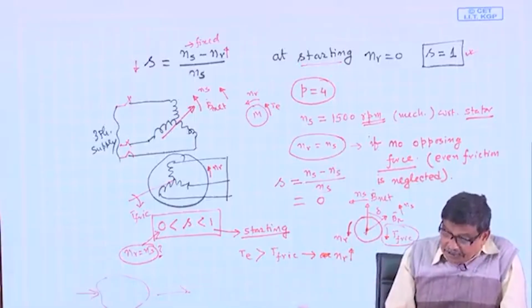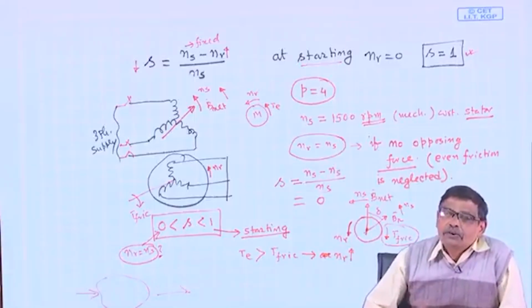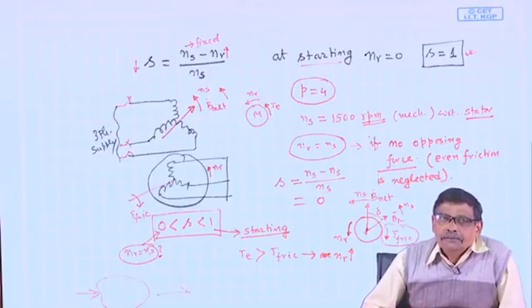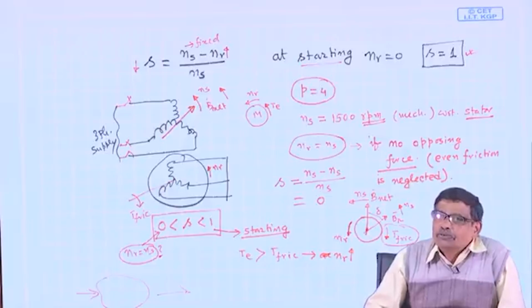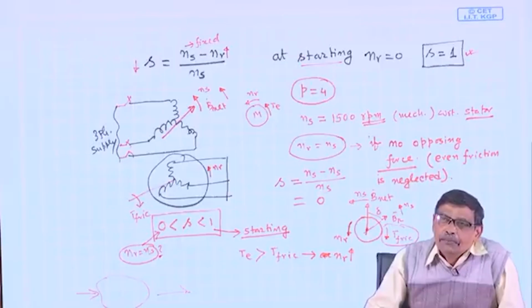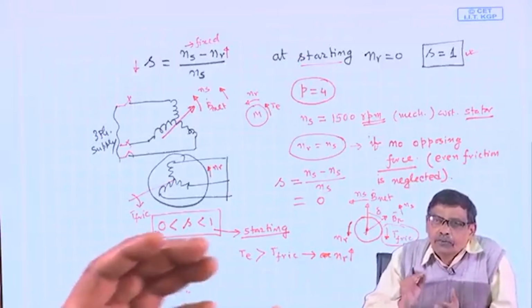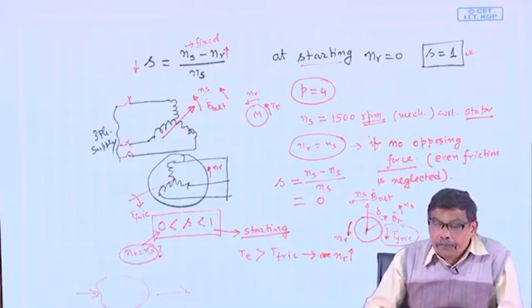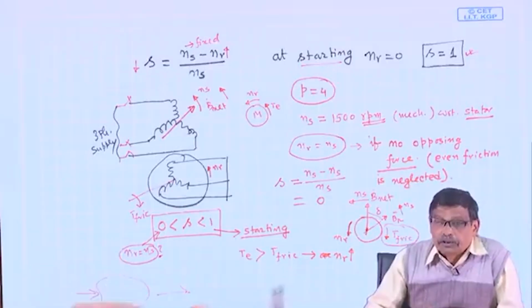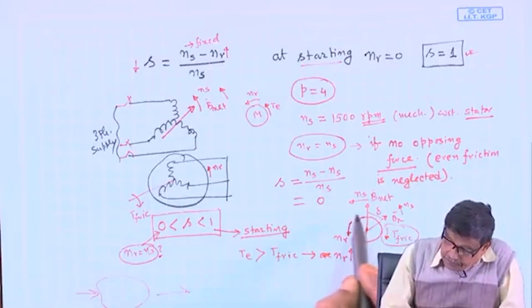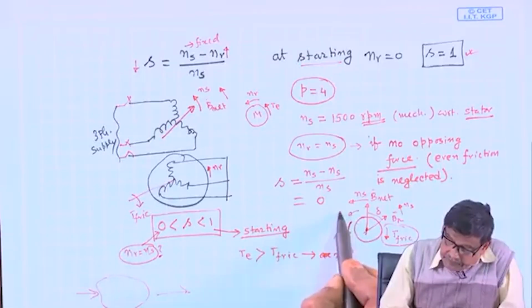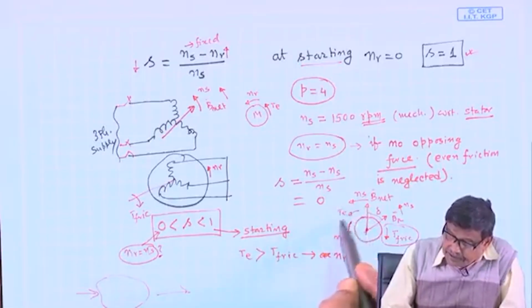But as Nr goes on increasing, I know one thing, the induced voltage in the rotor decreases, induced current in the rotor decreases, BR decreases. Therefore, the electromagnetic torque which is accelerating it will decrease, but nonetheless it will accelerate so long as positive torque Te is developed. Te is in this direction and that decides the direction of rotation.